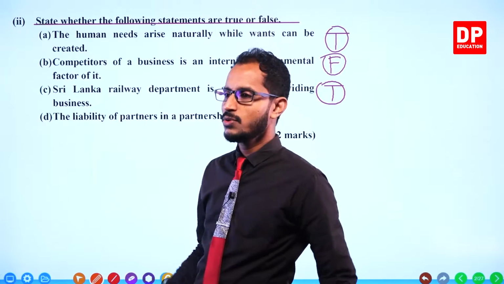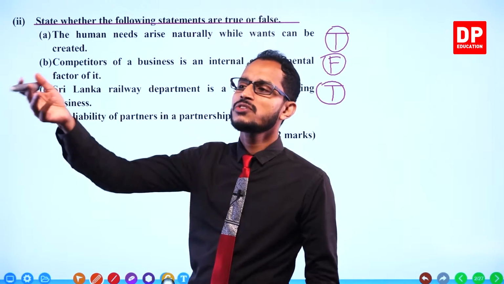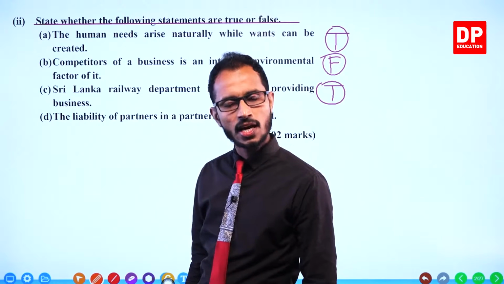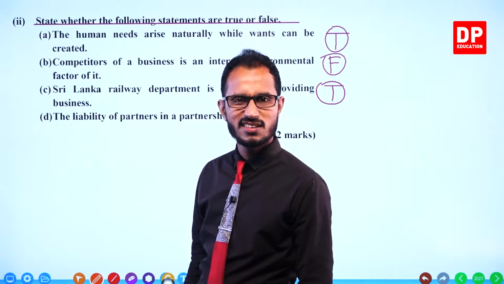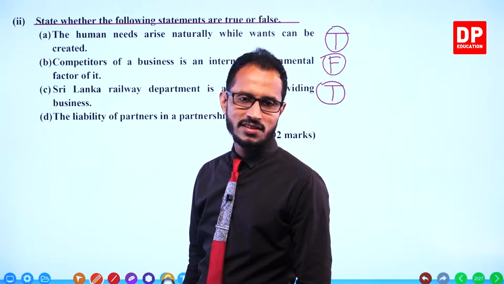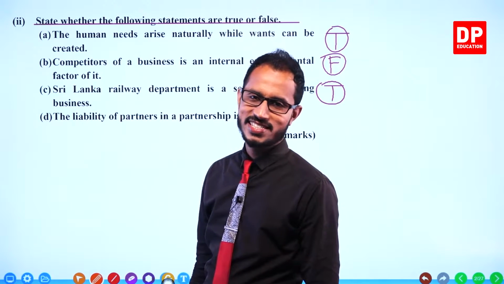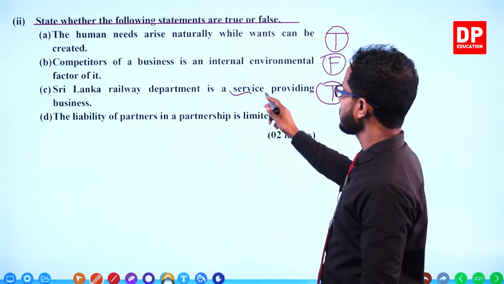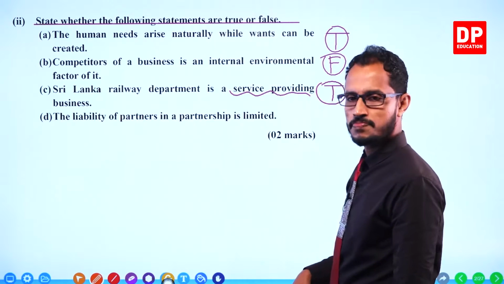Or do you go to the railway station and get into the train to go shopping, to buy goods? No, they are not providing any goods. They are providing you a service. It's a service providing business. It's true.